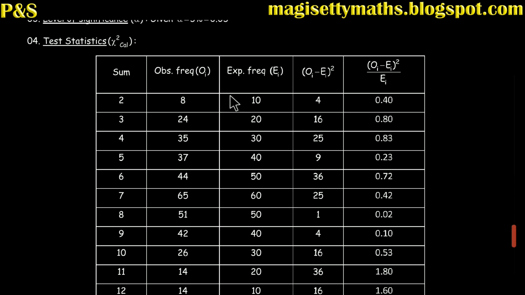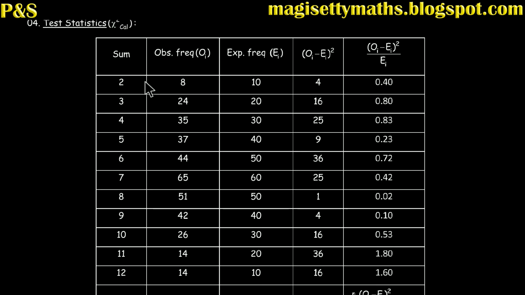Now evaluating the chi-square calculated value with the help of this table. Given sums 2, 3, 4 up to 12, the observed frequencies given in the problem and the expected frequencies, we evaluated the values 10, 20, 30, and so on, 10. Now finding the squares of the differences, (Oi minus Ei) whole squared: (8 minus 10) squared is 4, (24 minus 20) squared is 16, and so on.